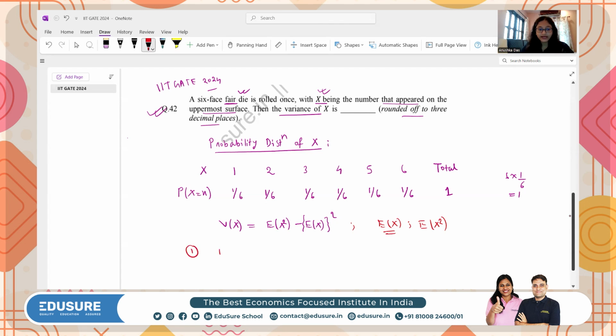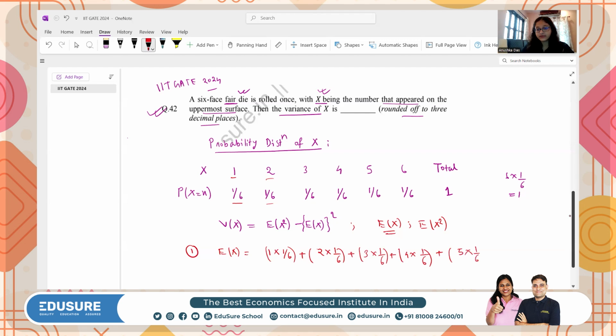What will be expectation of x? Expectation of x is value into probability, and then you are summing it up. So you have to do this: 1 into 1 by 6 plus 2 into 1 by 6 plus 3 into 1 by 6 plus 4 into 1 by 6. So value into the corresponding probability, and then you are adding them up.